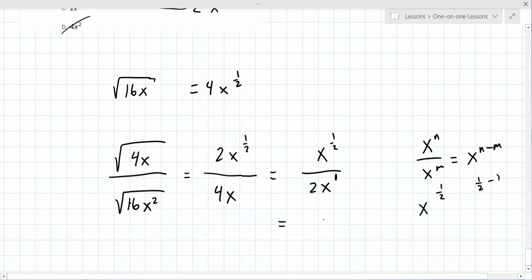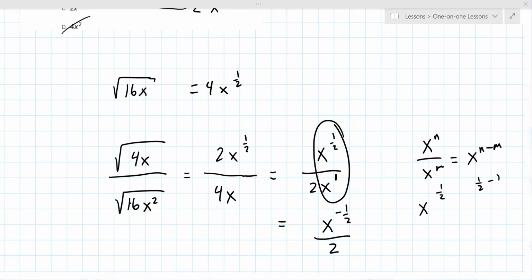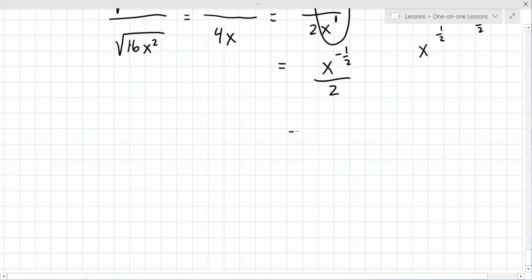Negative 1/2. So this piece that I'm circling becomes x to the -1/2 over 2, but it's usually not written that way. So you have to move it down. By doing that, you get rid of the x on the denominator? Yeah, they combine. Oh, and then you move it down. Interesting. Okay.